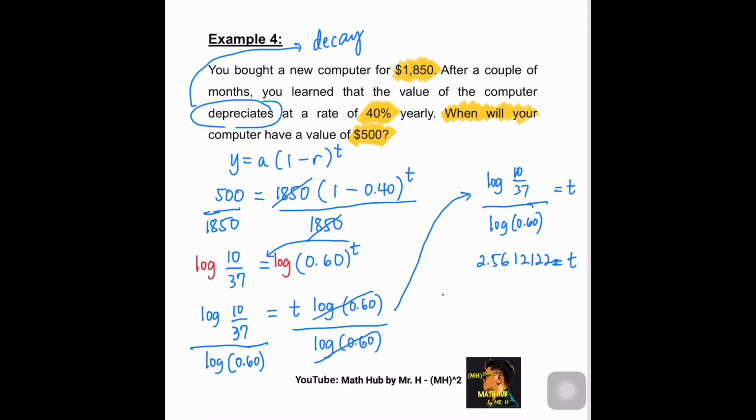And for the final answer, we can write approximately equal to 2.6 years, right? So if you're going to interpret that answer, after 2.6 years from the time the computer was bought, the value will be going down to $500.